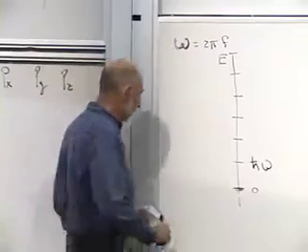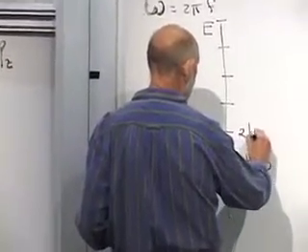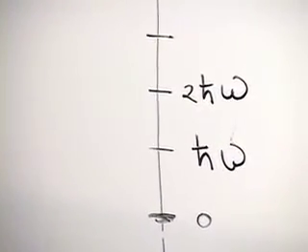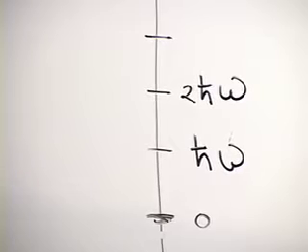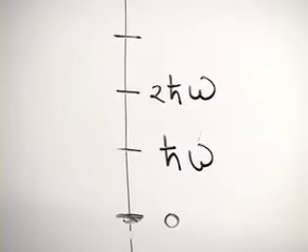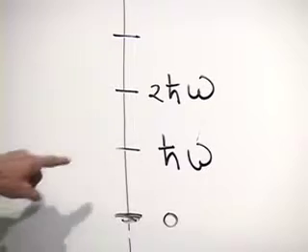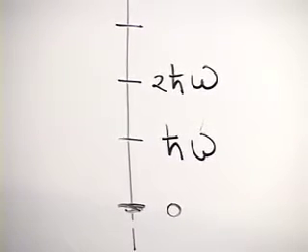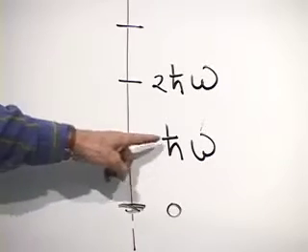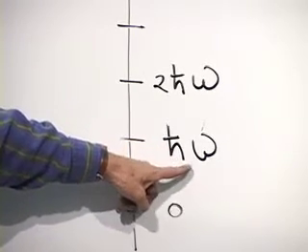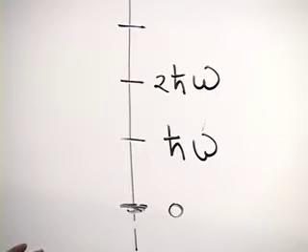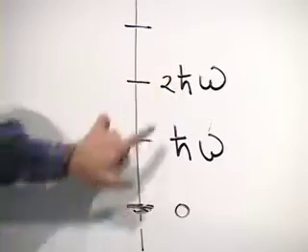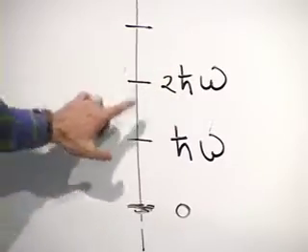What's the next one? 2 h bar omega. That could either be the energy of a single photon associated with a frequency twice as big as the first one, or it could correspond to 2 photons, both associated with a wave of frequency omega. It's the second idea that I want to dwell on, that this has the same energy as 2 photons.